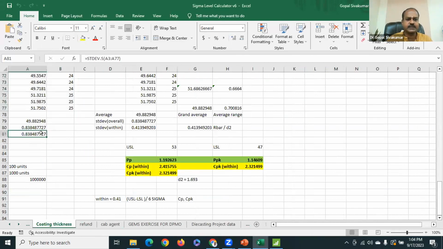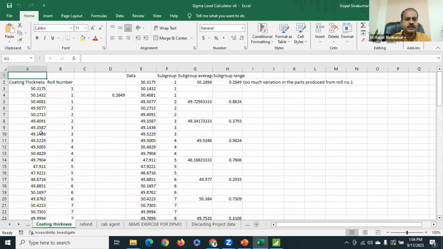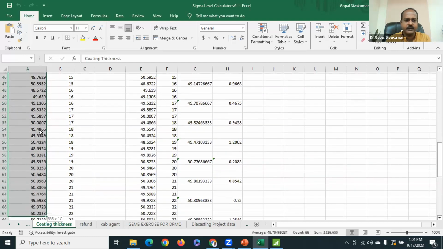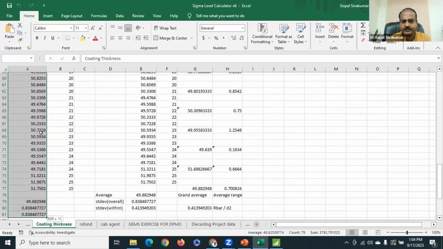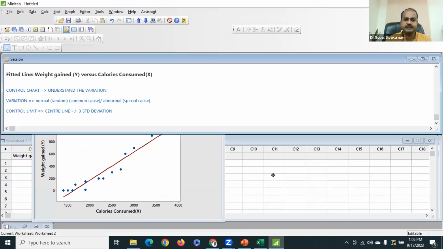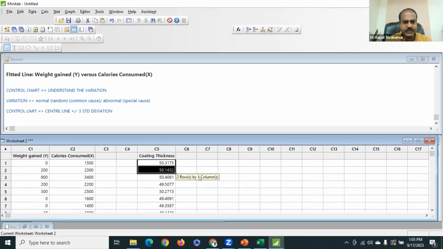So this data is coating thickness. I am taking so much data here. I just copy this, Control C. Now I'm going to Minitab. Maybe in column 5, I'm just pasting it. Can you see coating thickness?